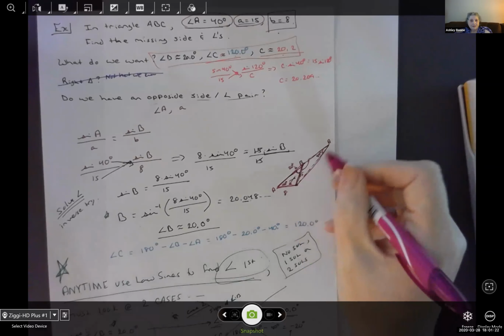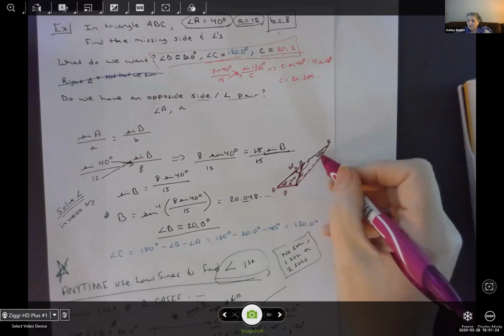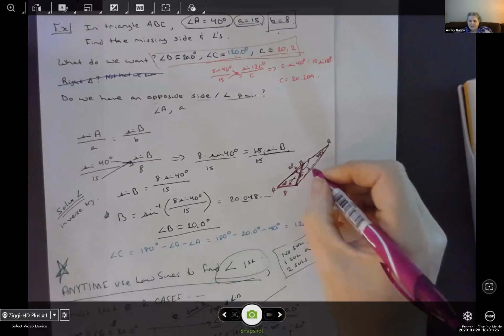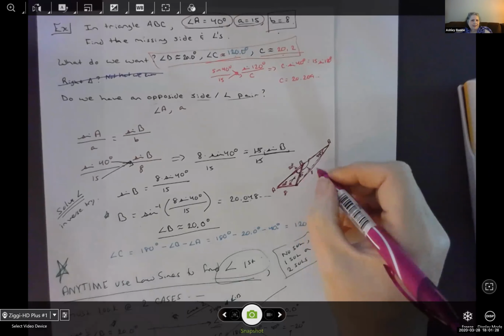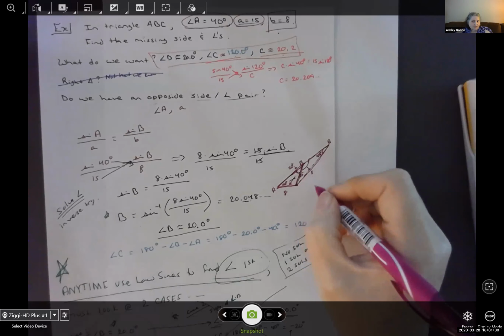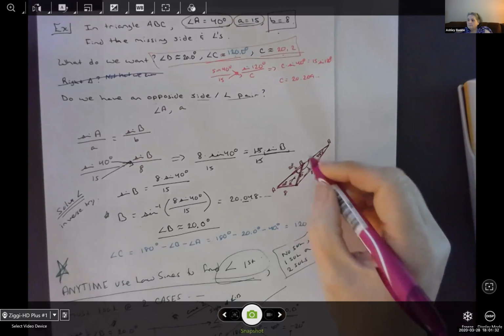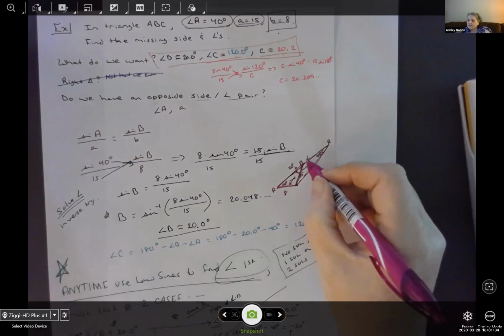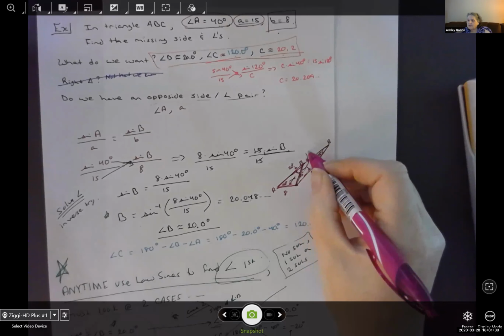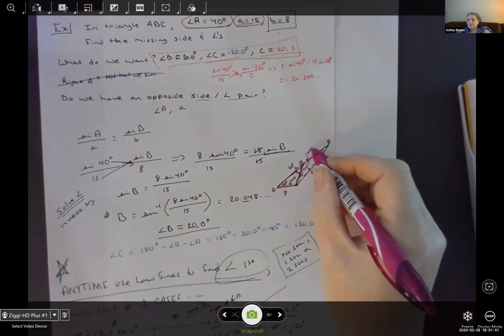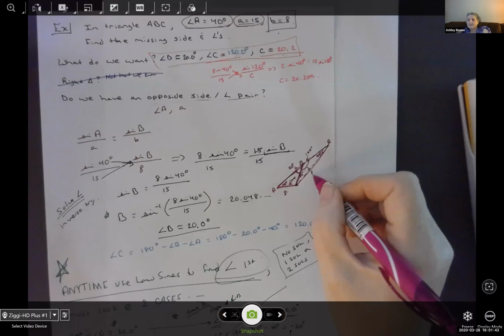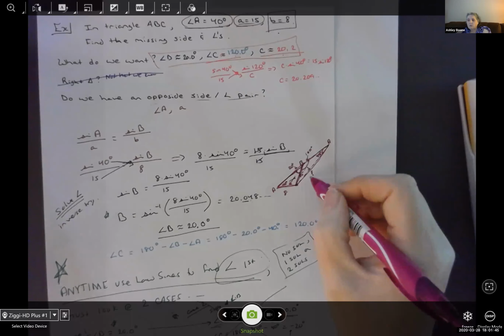We still have the 15 opposite the 40 and the opposite side of 8. Now, graphically looking at it, which case makes more sense, right? And that would be the supplement, which is 160 degrees. Now remember, we found in this one that the second solution didn't work.